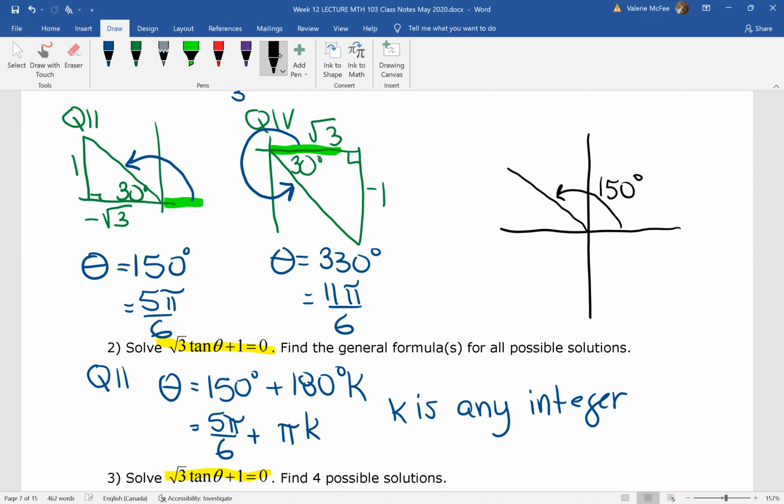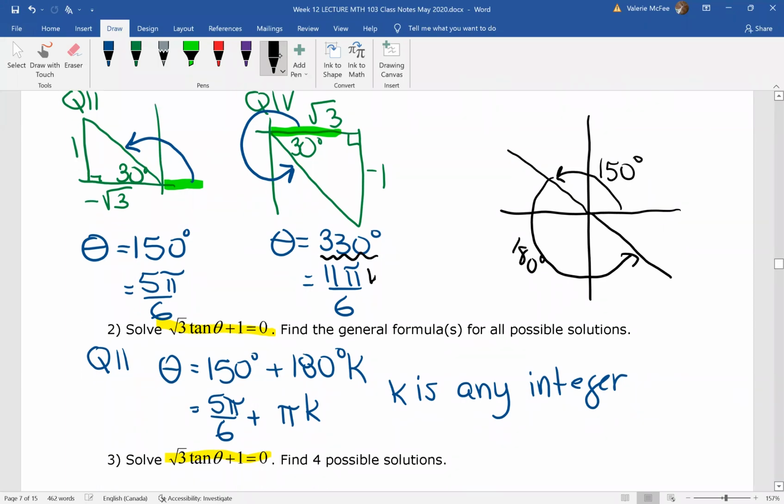If I add the 180, 150 plus 180 is equal to 330 degrees. And if I add another 180 degrees, it takes me right back to the exact same spot. Every 180 degrees, I end up in the opposite quadrant.